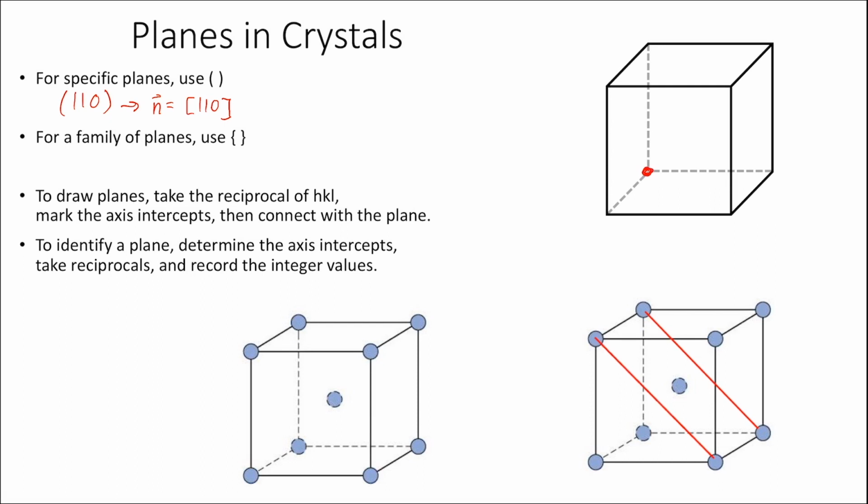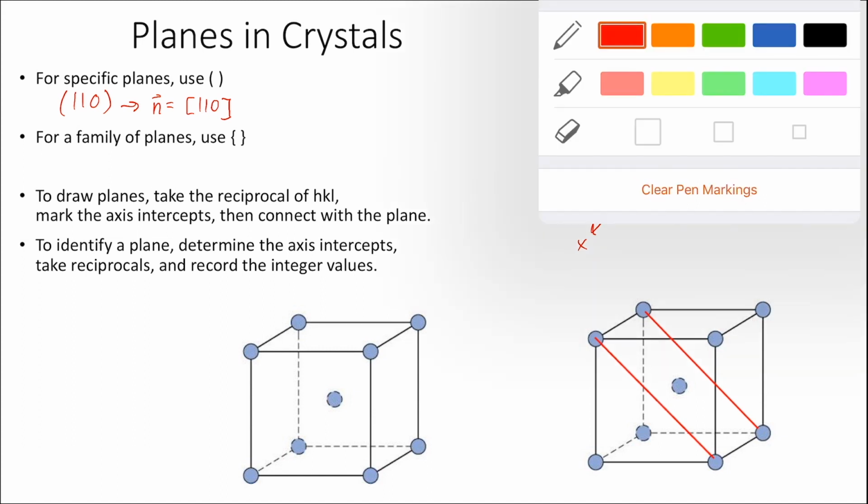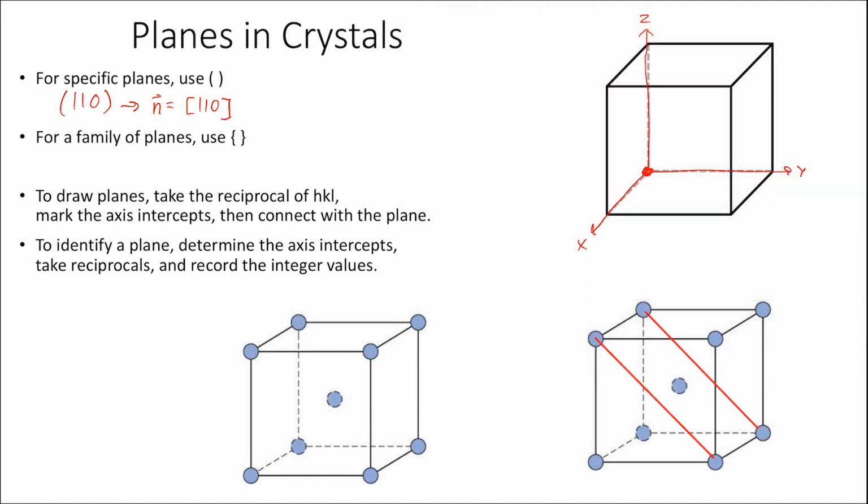If I take the origin to be here, and I'm going to make x come down this direction, y here, and z going up. I know that our normal direction is 1, 1, 0. So I'm just going to go plus x and plus y, and I'm going to come across the bottom plane there. So that's just going to be the direction 1, 1, 0.